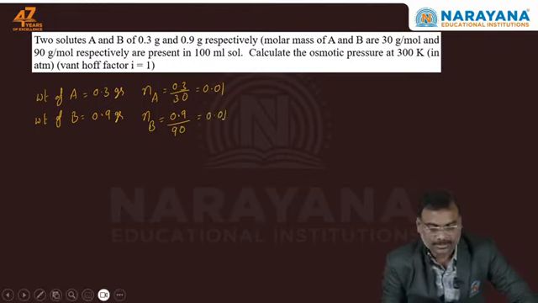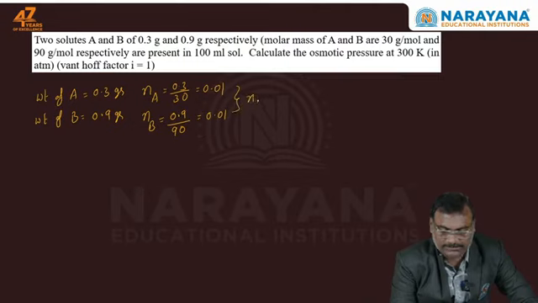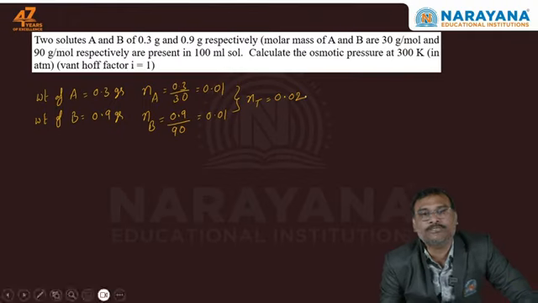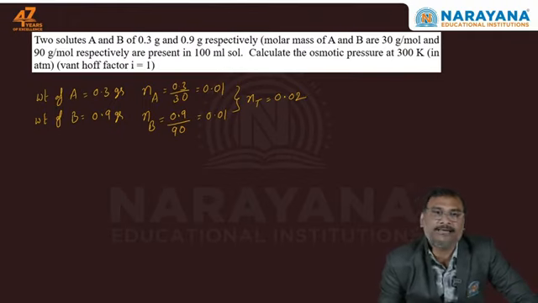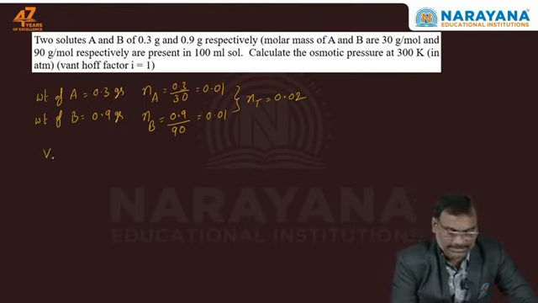The total number of moles of the solute is 0.02 moles, which are present in 100 ml solution. That is, the volume of the solution is 0.1 liter.